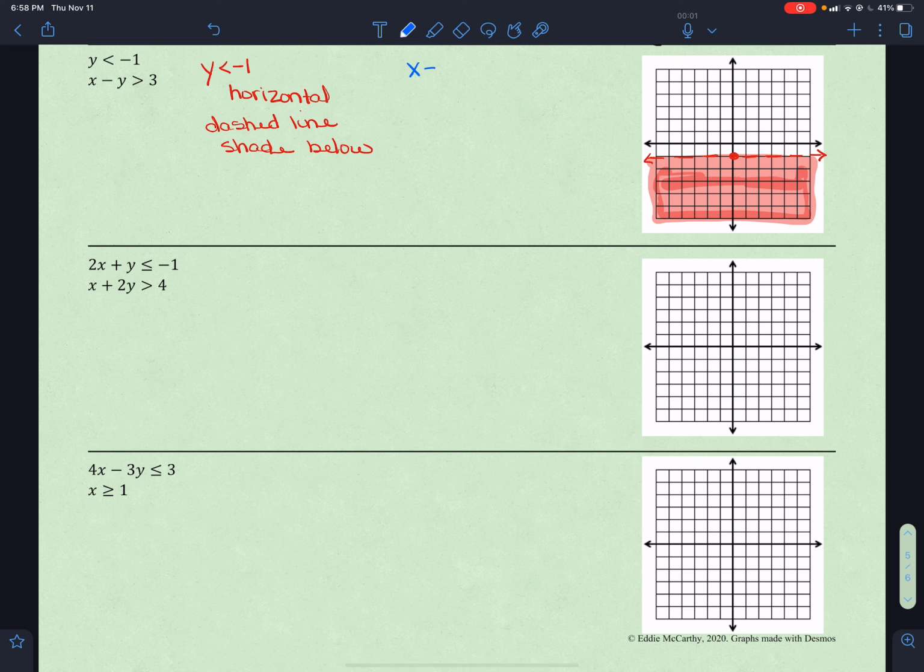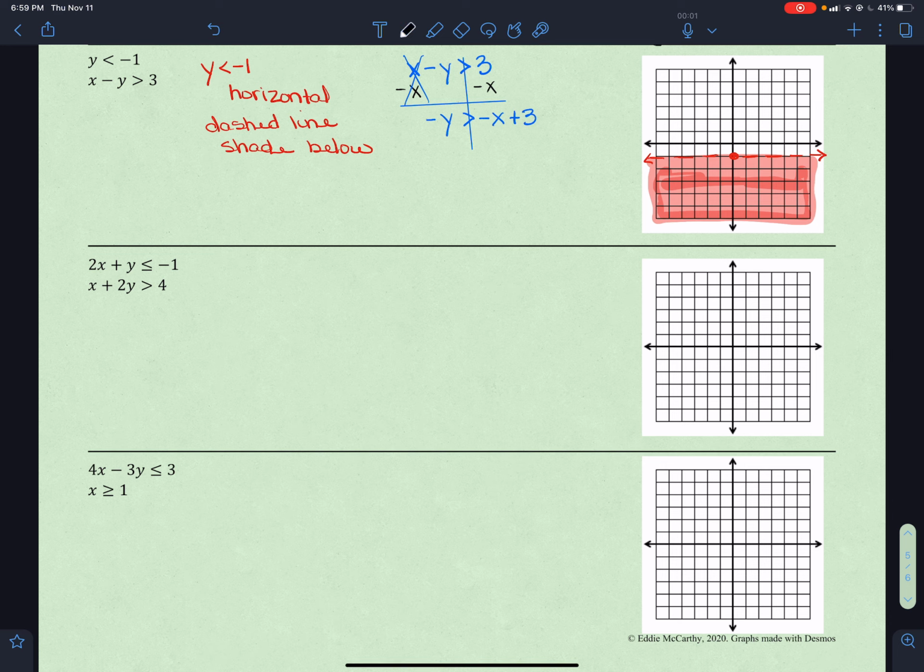is x minus y is greater than 3. Okay. So I'm going to go ahead and subtract x from both sides. So we have -y is greater than -x plus 3.